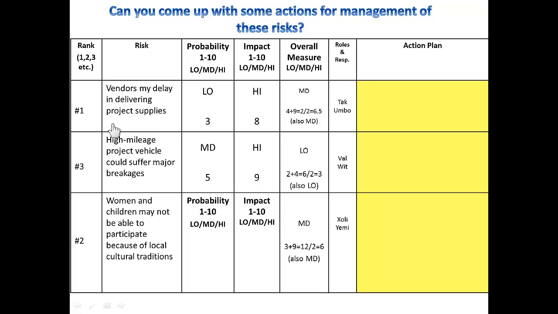Take a look at the first issue on this register, the vendor risk, and brainstorm some actions to mitigate, avoid, transfer, or accept this risk. I'll pause while you think about what you might put into this cell.